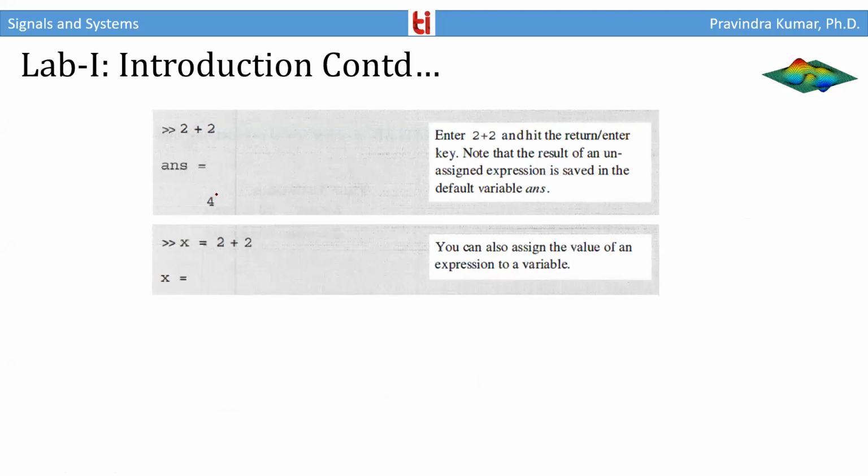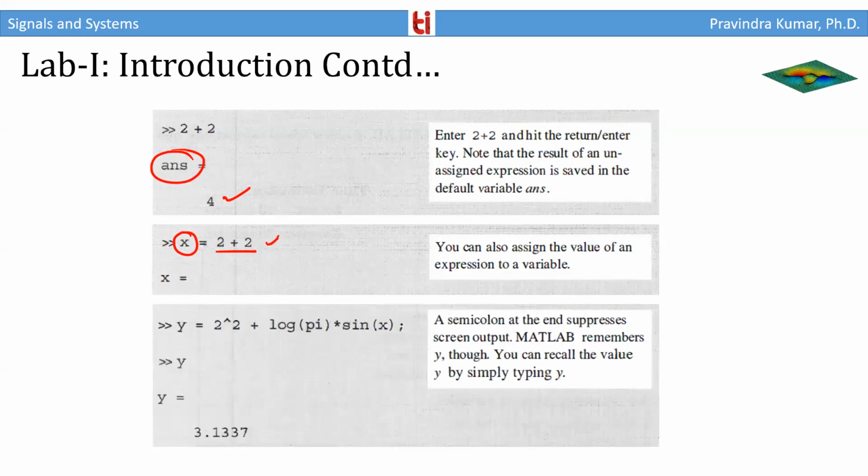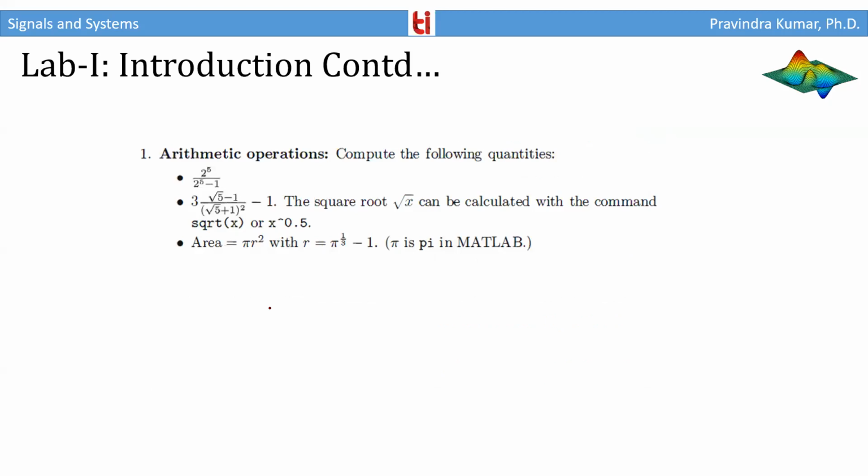As I told you, by default the value is stored in ans, and if you assign a variable to some particular expression, then the value of that will be stored in x. And I have shown you already. So these are some operations involved here.